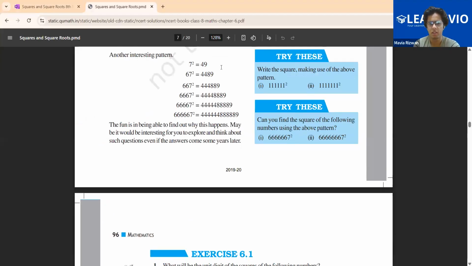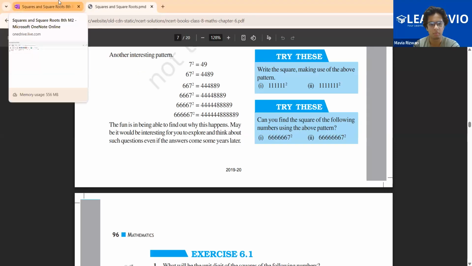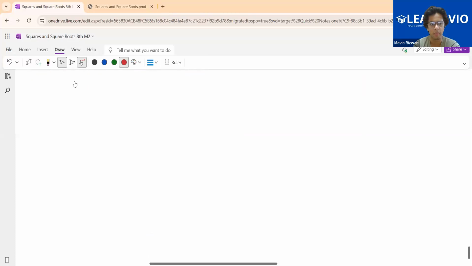See, here we have another pattern. 7 square is 49. Now see, 67 square is 4489.